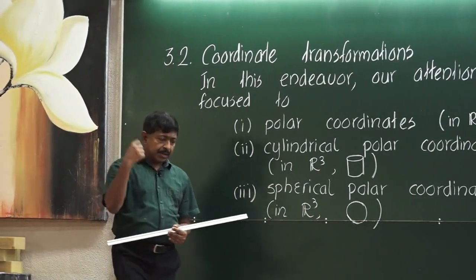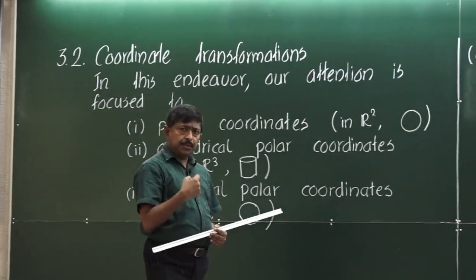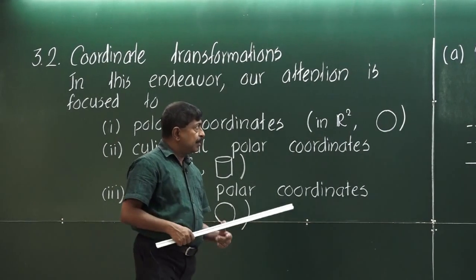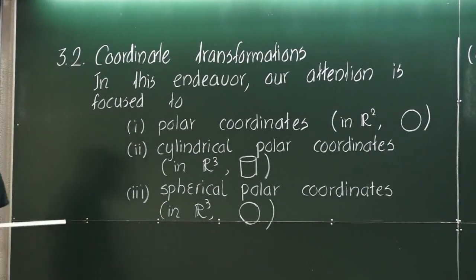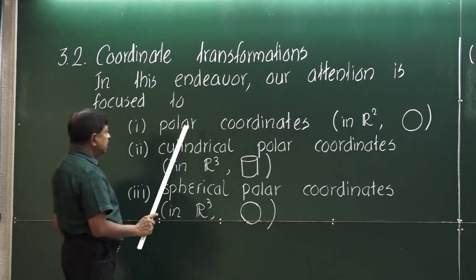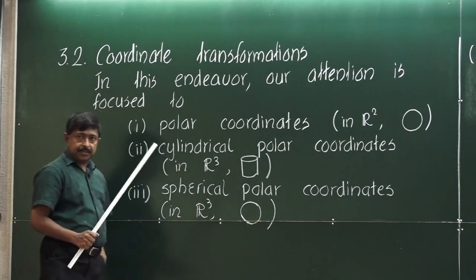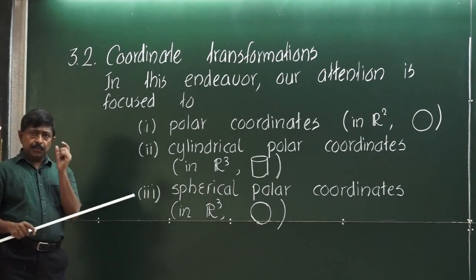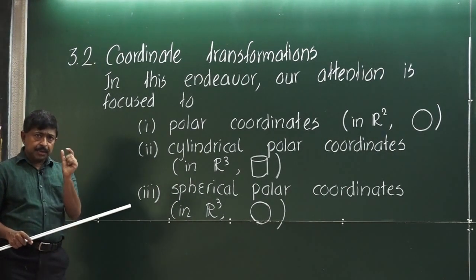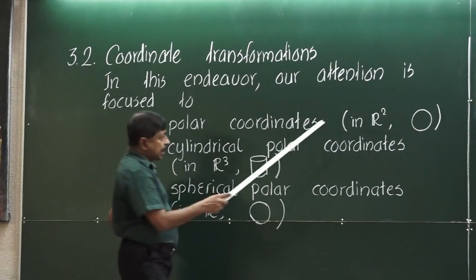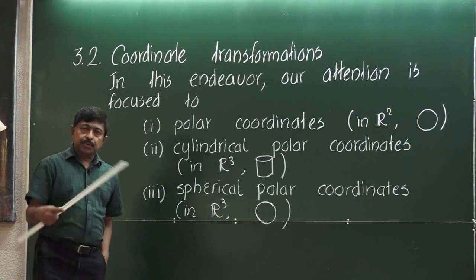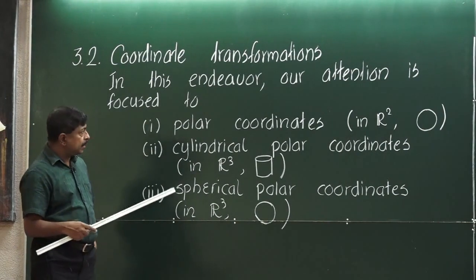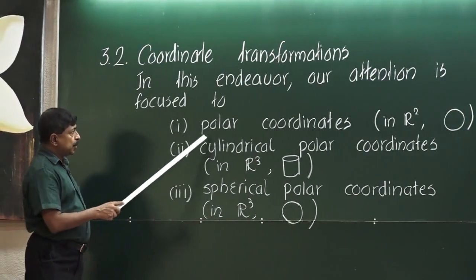Even though you can find limits, it is extremely hard to evaluate the integral once you are restricted to the rectangular coordinate system. Therefore, in that event we use polar coordinates. Remember, the domain of integration has some circular shape. It can be a circle, or some kind of sector, a portion of a circle, or something like that. Then polar coordinates are useful.